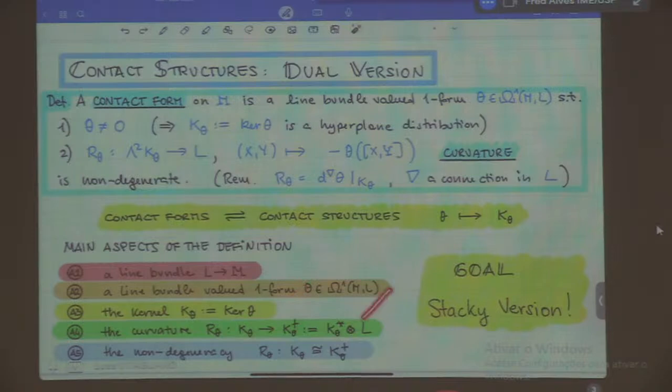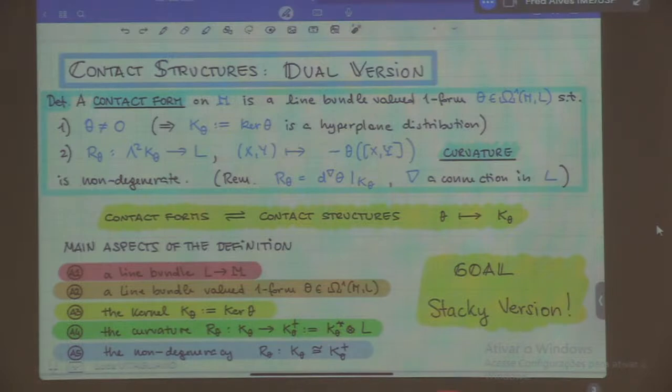Fourth, there is the curvature, which is a two-form on the kernel valued in the line bundle, and could also be understood as a vector bundle map from the kernel to the dual of the kernel tensor the line bundle. The last aspect is the non-degeneracy, which means that the curvature is an isomorphism.